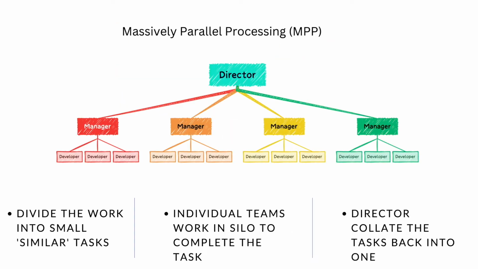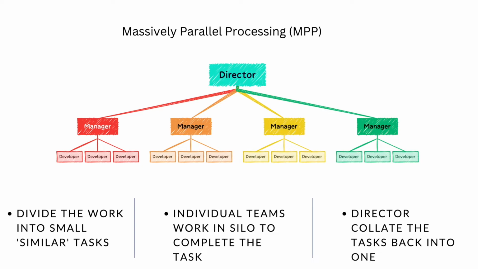Welcome to the new lesson. In this lesson, we'll talk about massively parallel processing, or in short, MPP system. To explain MPP system, we'll see an example where a new project has come to the director of a company. The director has multiple managers reporting to him. What the director will do is split the project into smaller projects and give those smaller projects to each manager.